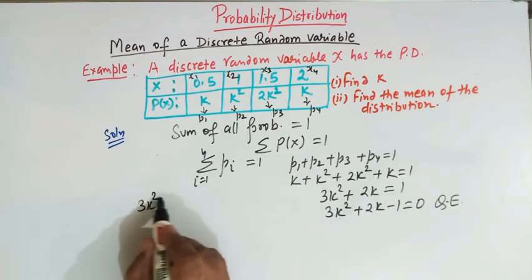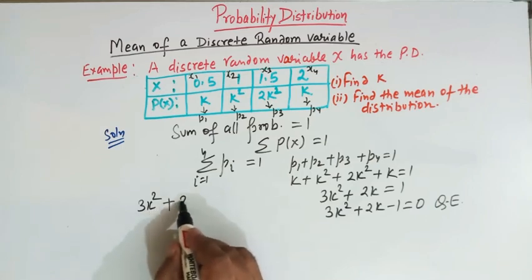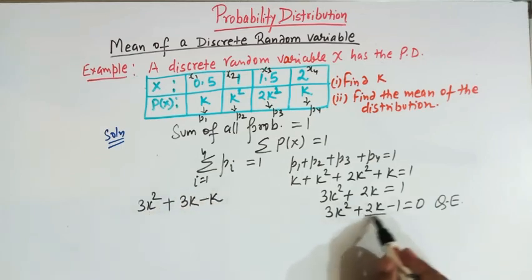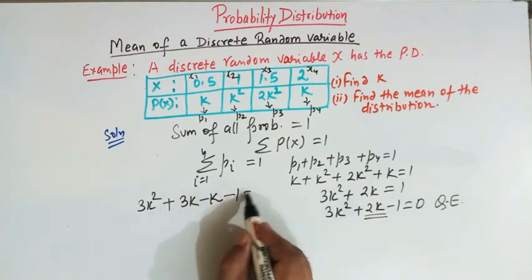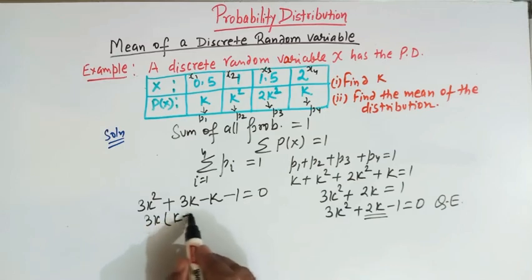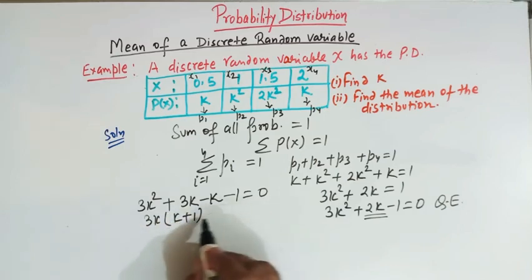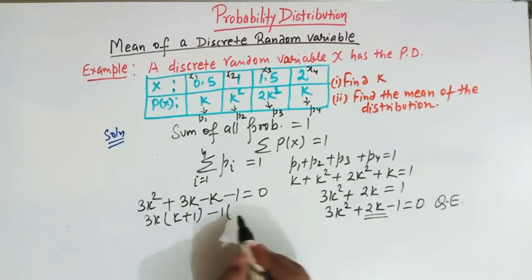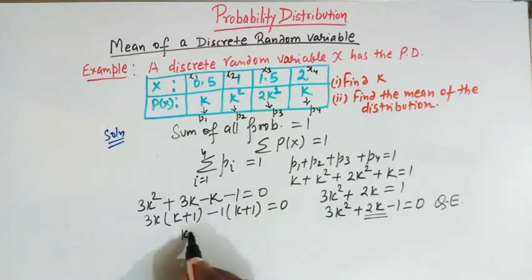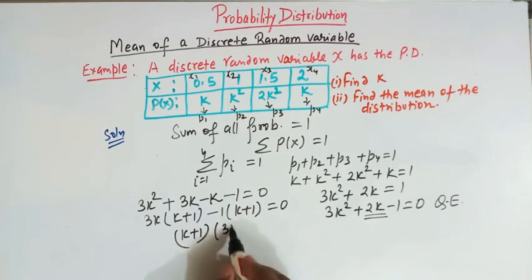So we can write 3k square plus, here we have 3k minus k, so splitting the middle term, we have 3k, then we have k plus 1, and then we have minus 1, and here we have k plus 1 equal to 0. So k plus 1 and 3k minus 1 is equal to 0.